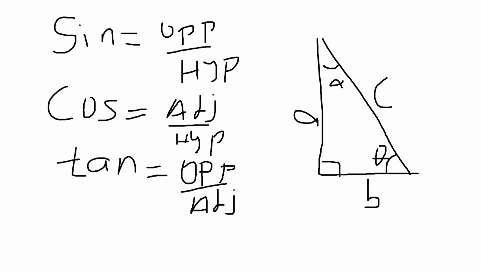So those are three basic properties or identities. Now try and know them.